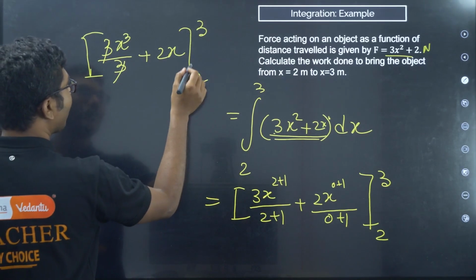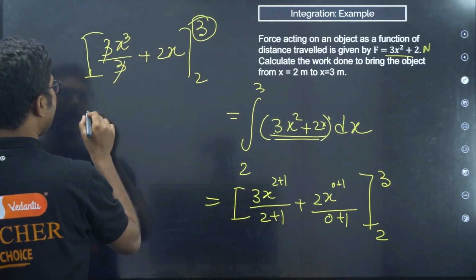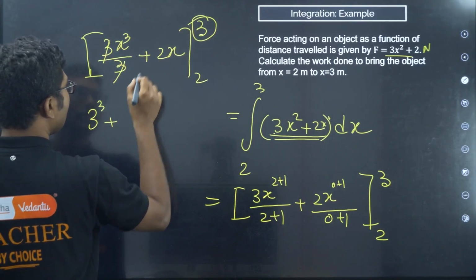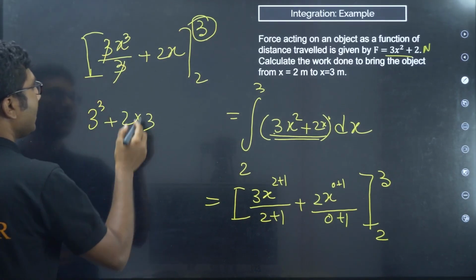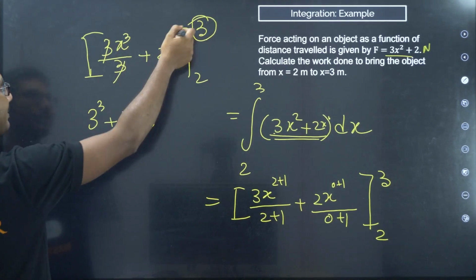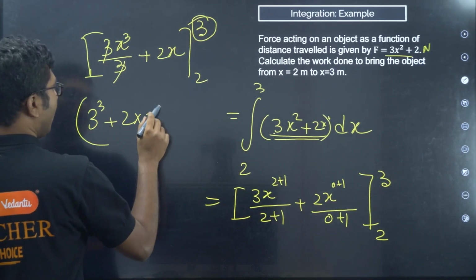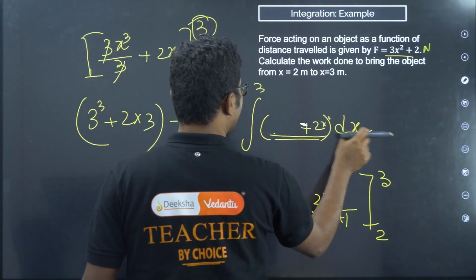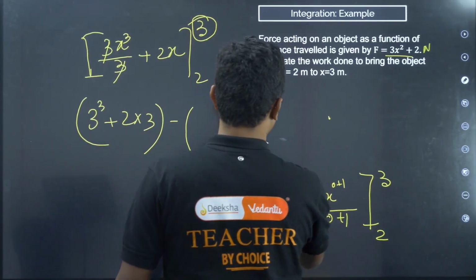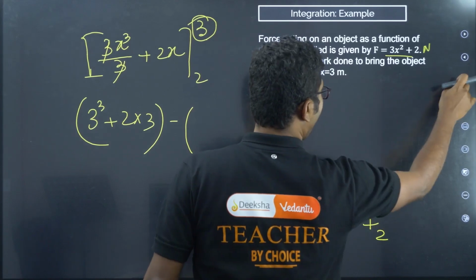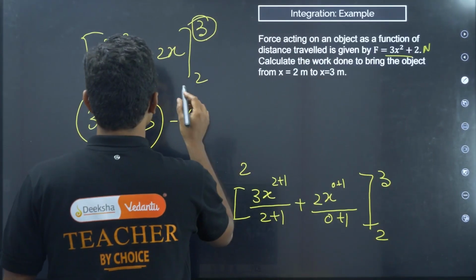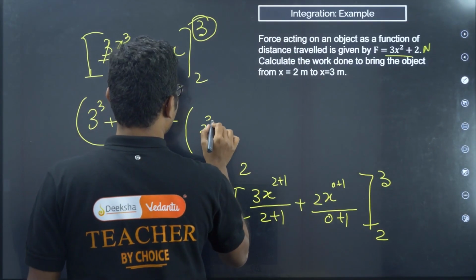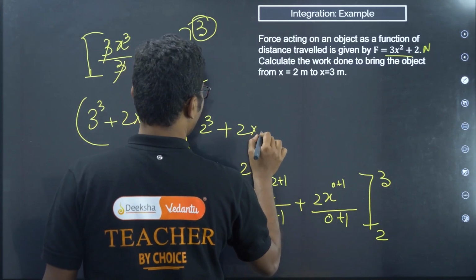Now put the value, first the upper limit. So we will write 3 cube plus 2 into 3, right? Every x will be replaced by this value, minus the lower limit. What is the lower limit? Lower limit is 2. So it will be 2 cube plus 2 into 2.